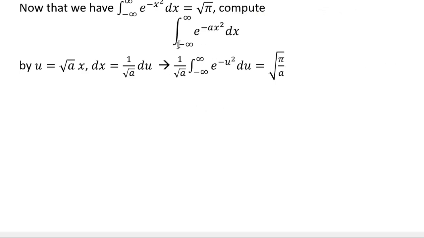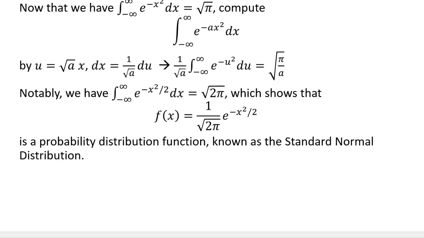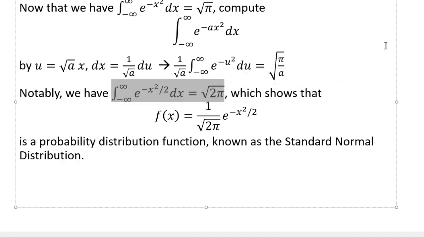Now, before I do further calculation with this, I want to make one more comment. When you take a as 1/2, that's the same as dividing by 2. Then pi divided by 1/2 is the same as pi times 2. So we get this result from the above, with a being 1/2.